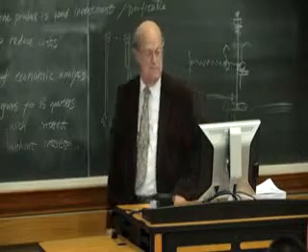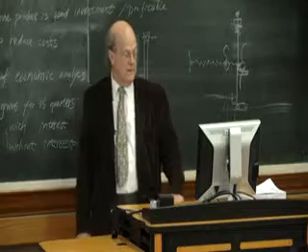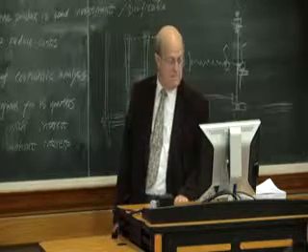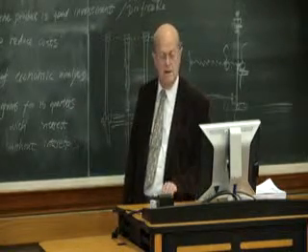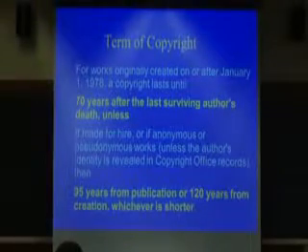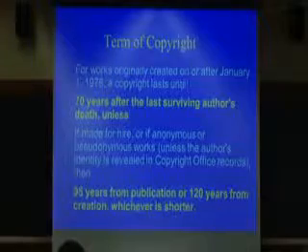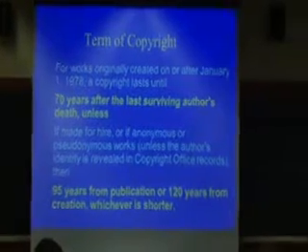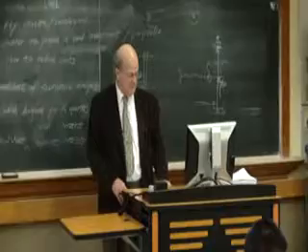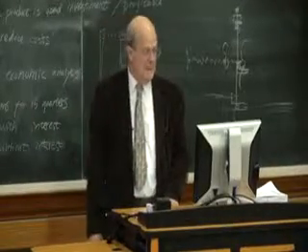Unless it's made for hire, or if anonymous, it is then 95 years from publication or 120 years from creation, whichever is shorter. So those are the two different terms for copyright. It would be very helpful if you remembered those when the final exam comes along. Come in handy.